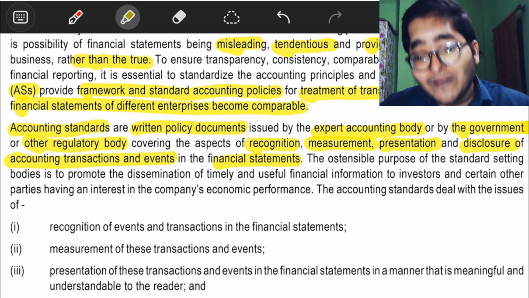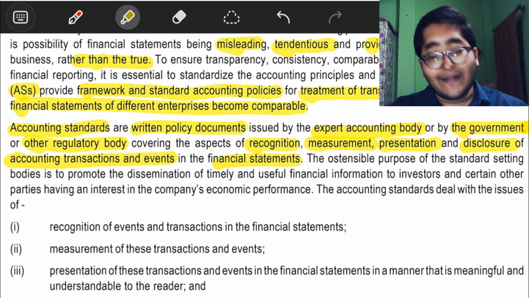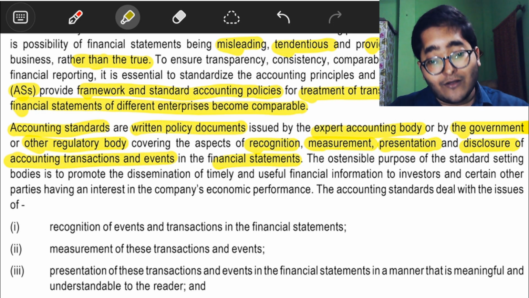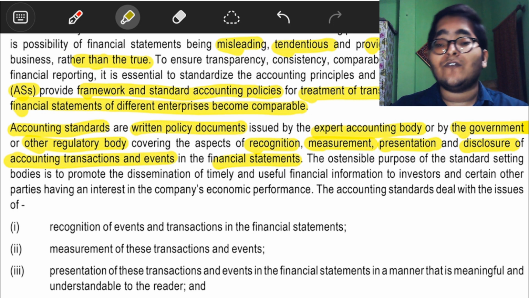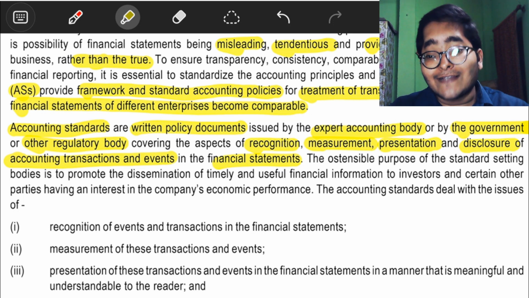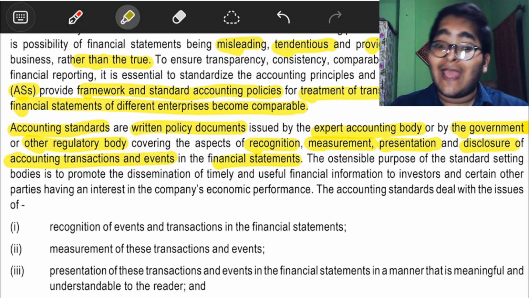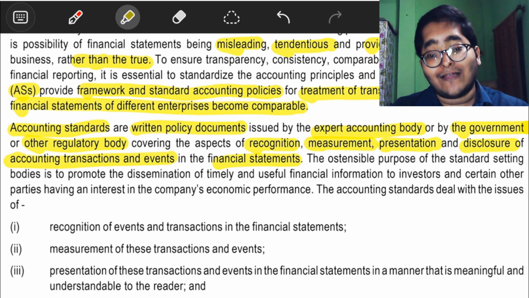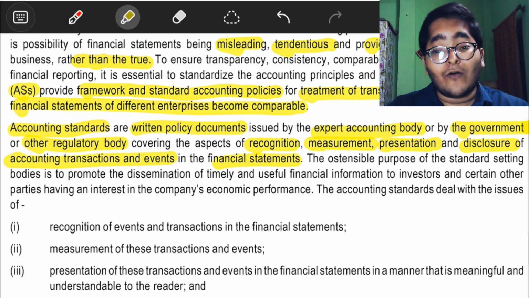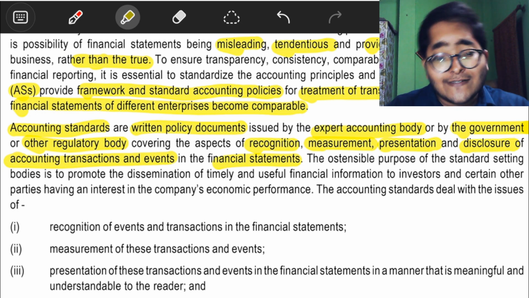The ostensible purpose of standard setting bodies is to promote the dissemination of timely and useful financial information to investors and certain other parties having an interest in the company's economic performance. What is the purpose of the standard setting body?